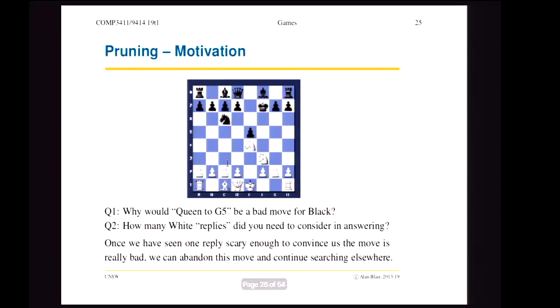So we could say, a pawn is normally worth 1 point, but if the pawn is in this position on the board, I'm going to add a little bit of extra compared to this position.